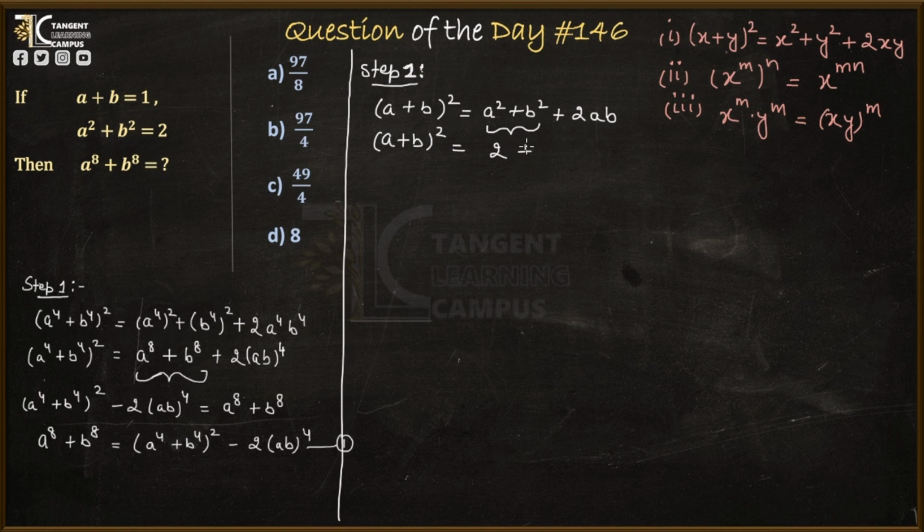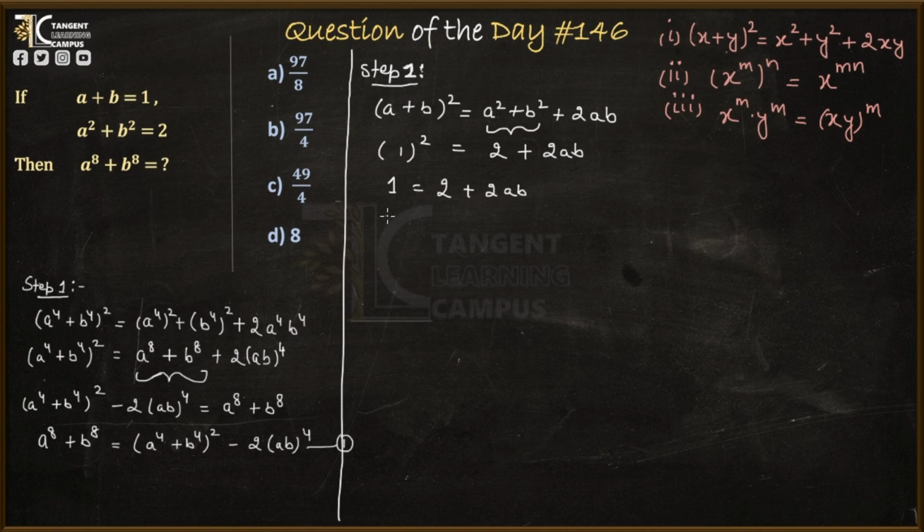This is equal to 2 plus 2ab, and on the left hand side this is (a plus b) whole square, right? So we can also put a plus b equal to 1, so let us put it here. We can write down 1 square, so this is equal to 1 is equal to 2 plus 2ab.